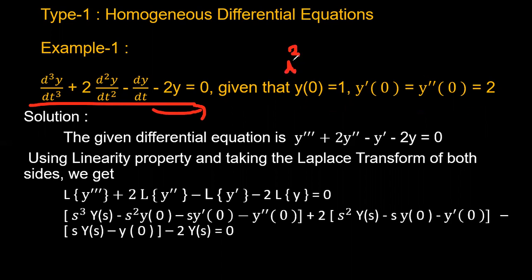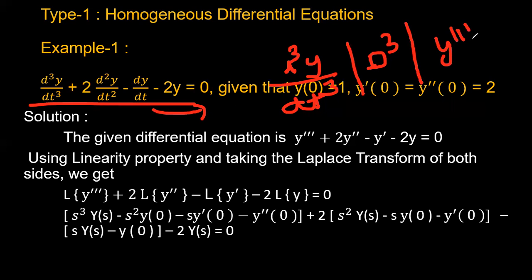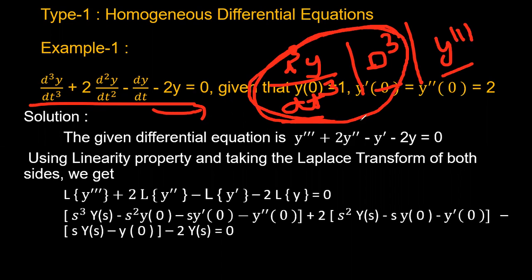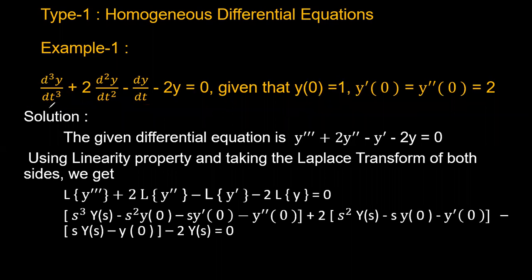We have different forms of the differential equation, but all are the same. d cube y by dt cube can be represented as d cube, or as y triple dash. Whatever the form, it has to be finally converted into the short notation. So d cube y by dt cube is y triple dash, plus 2 d square y by dt square is plus 2 y double dash, minus y dash, minus 2y equal to 0.